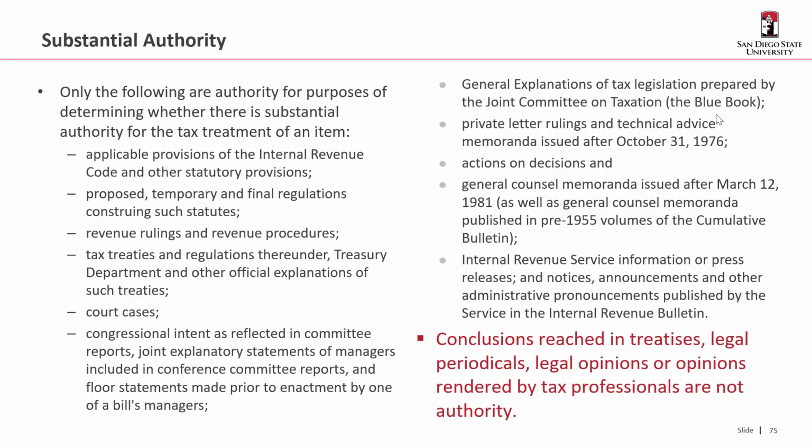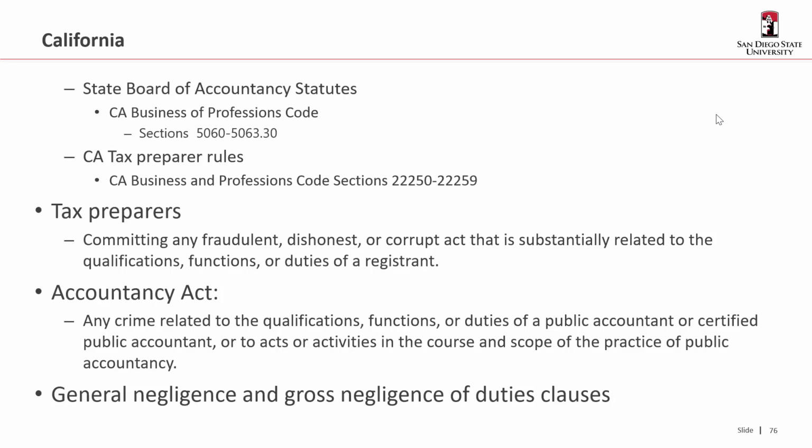of tax law. Okay, what about California? California has the Board of Accountancy statutes. These are the 5,000s. And it also has the tax preparer rules in the 22,000s. And basically it says tax preparers committing any fraudulent, dishonest, or corrupt act that is substantially related to the qualifications, functions, or duties of a registrant can have their license pulled.